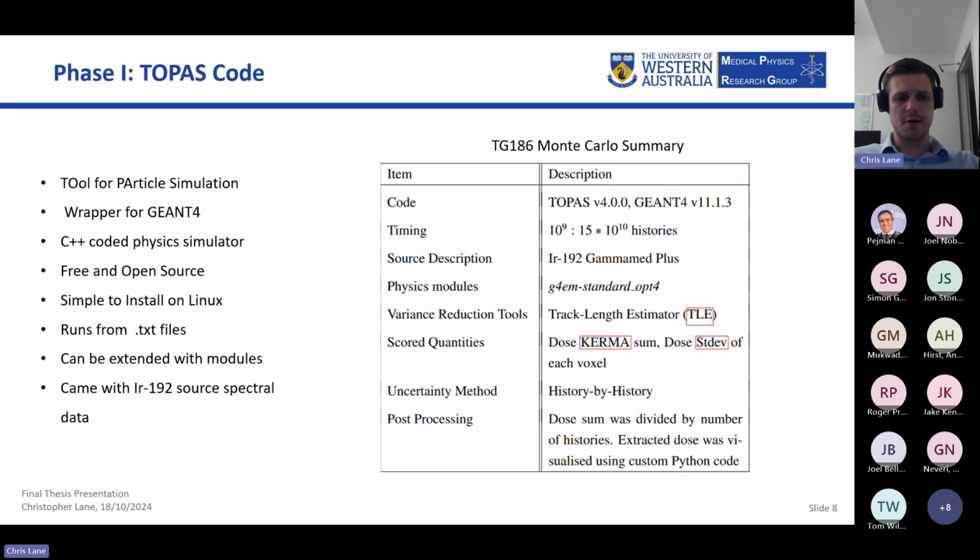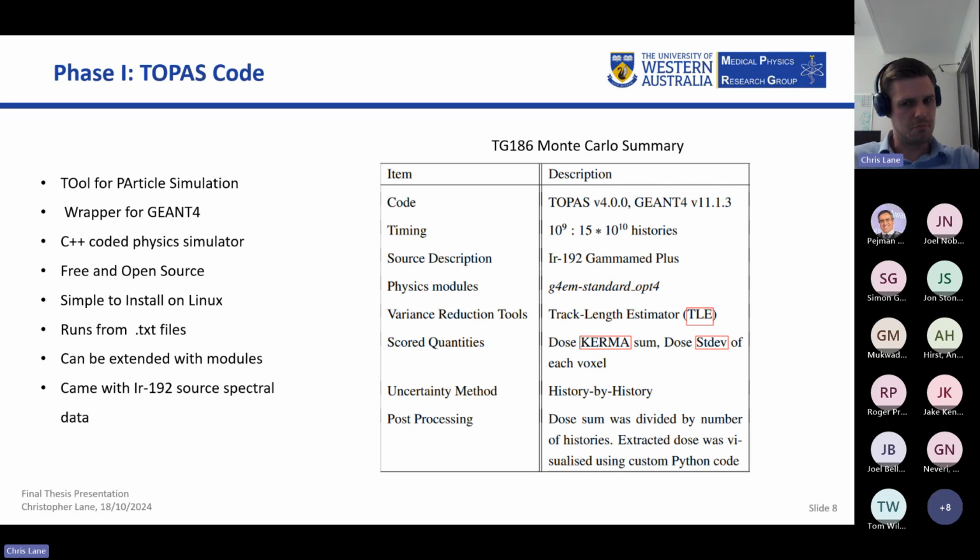And it runs by, you simply generate text files of your TOPAS code. You have to be quite explicit with the parameters that you provide, otherwise it won't run. It's fairly robust at not running when it shouldn't.